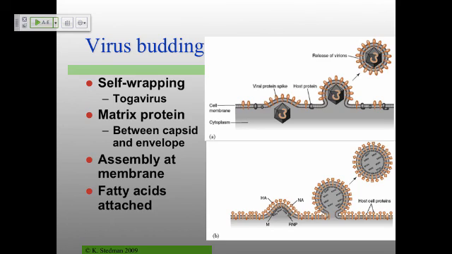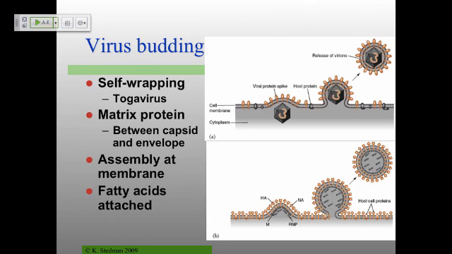A number of viruses, HIV is probably the best known of those, have a matrix protein that actually serves as an intermediate between the capsid here and the envelope. Usually any of these viruses are getting put together at the membrane, or you've made your nucleocapsid that gets exported.